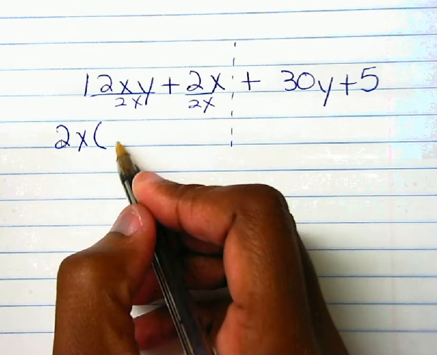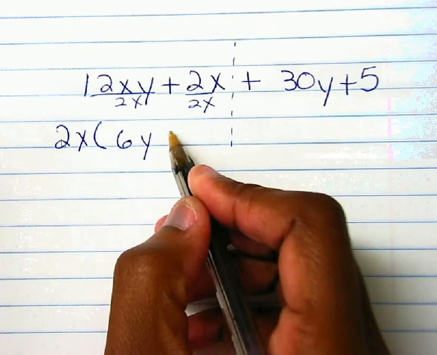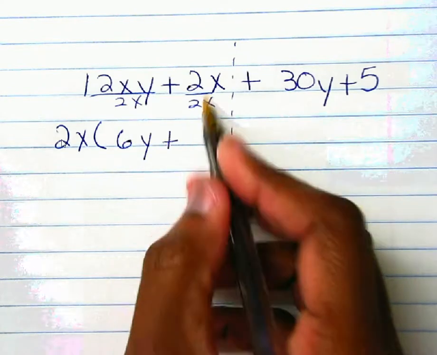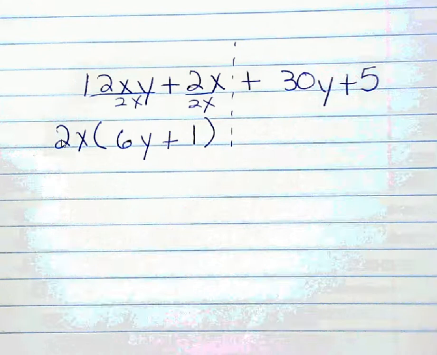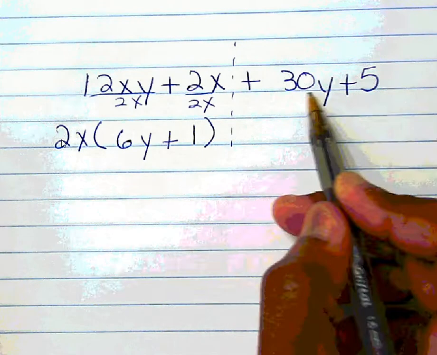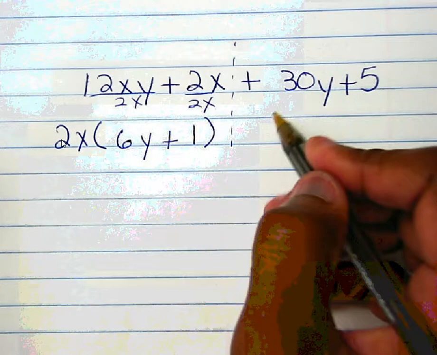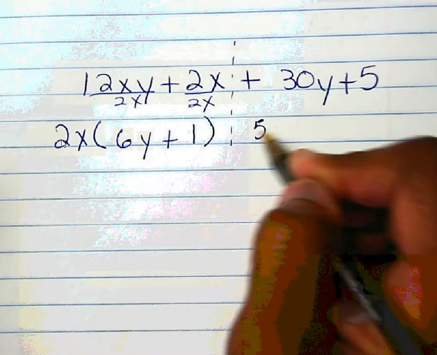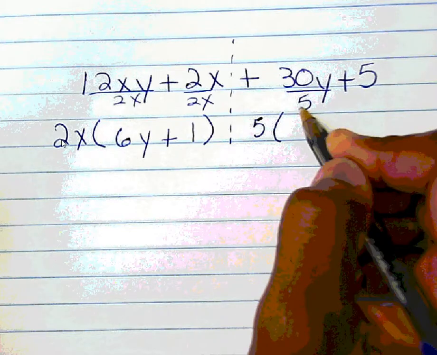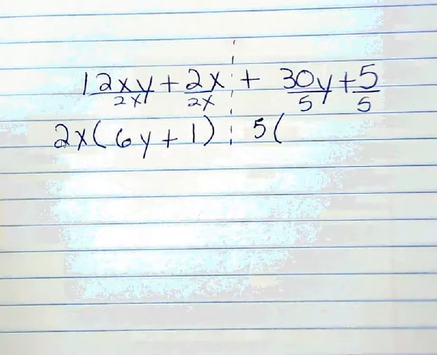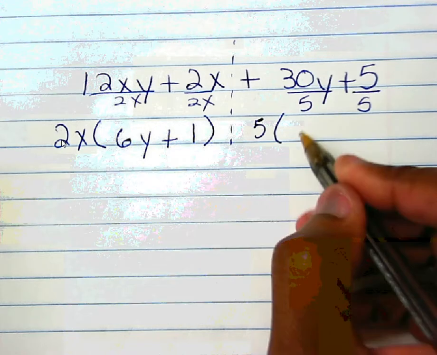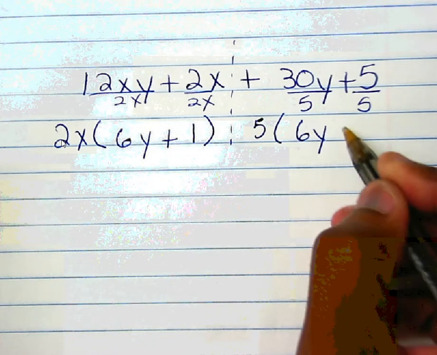I get 6y plus anything divided by itself is 1. I come over here, my GCF is 5. I divide both these terms by 5. I get 6y plus 1.